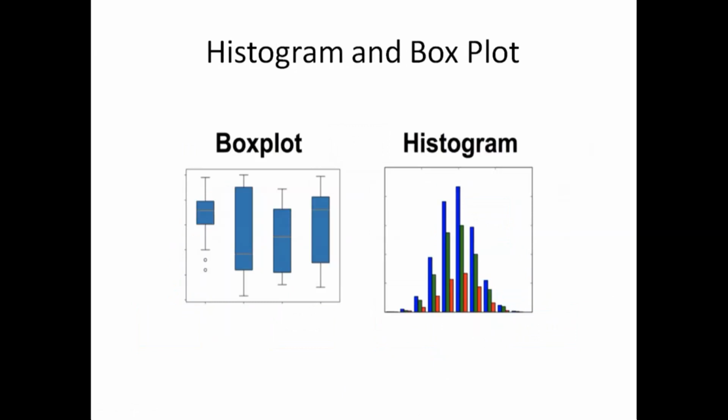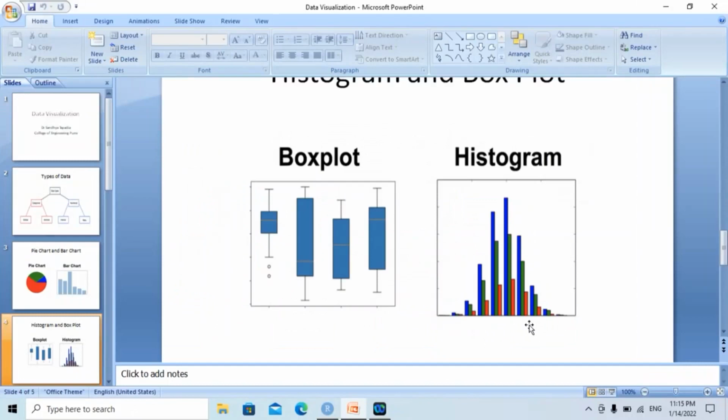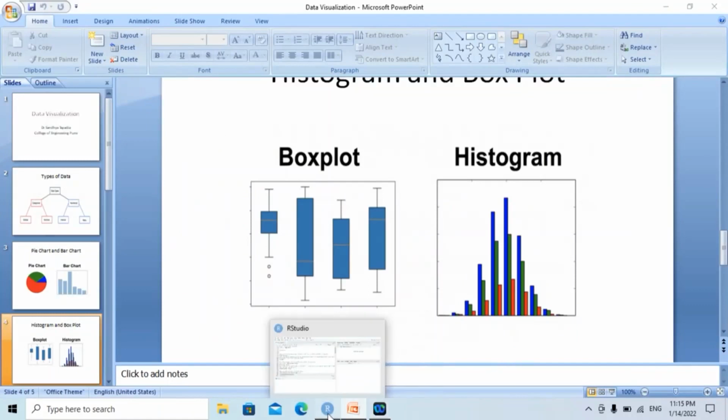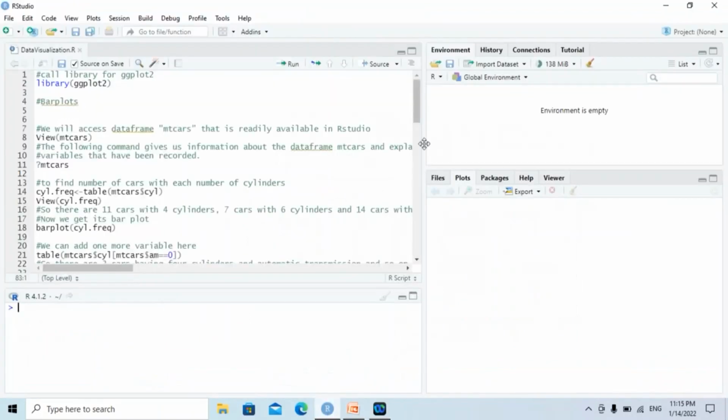So today we are going to learn the representation of data in R using bar chart, pie chart, histogram, and box plot. So here you can see my RStudio has been opened.